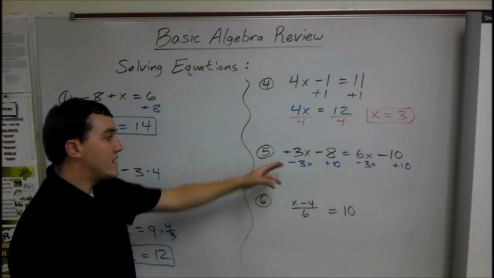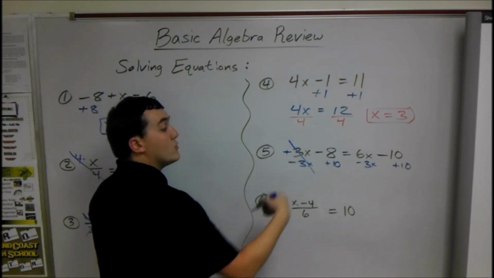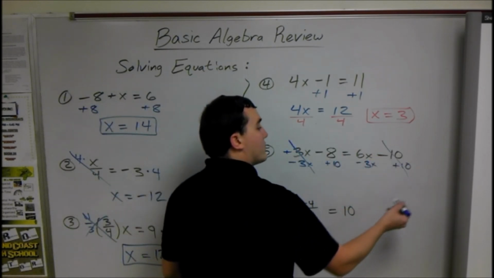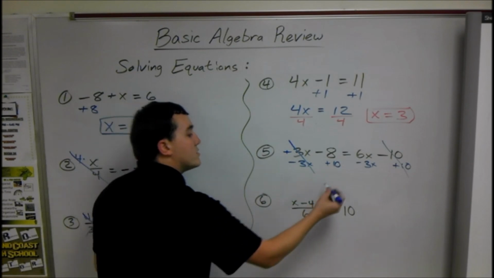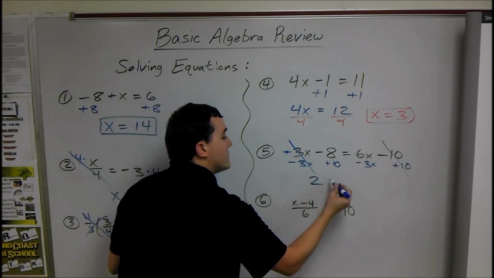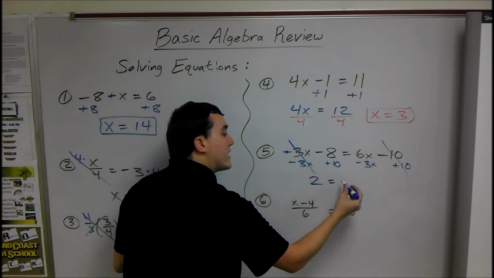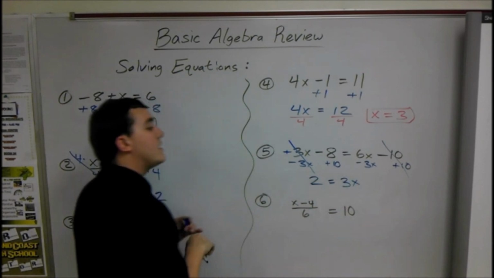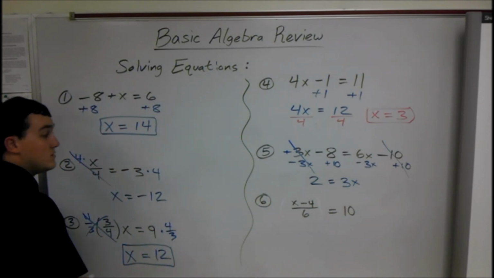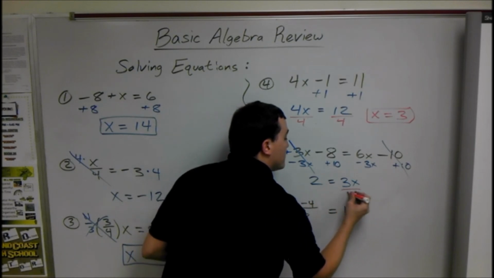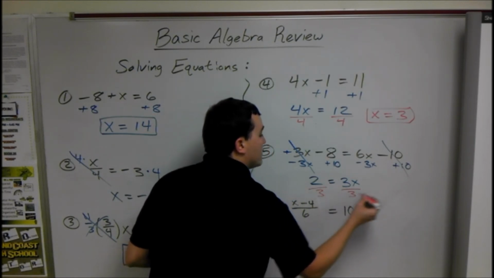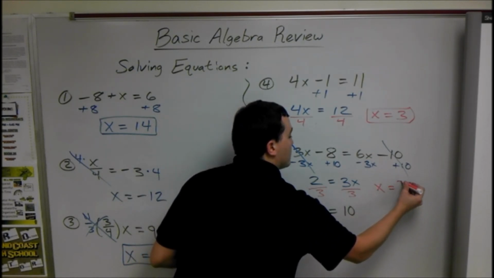So therefore, we're canceling out the 3x over here, moving it to the other side. We're canceling out the 10 over here, moving it over here. So we get 2 equals 6x minus 3x, which is 3x. And then to solve it, just divide by 3 on both sides. X equals 2/3.